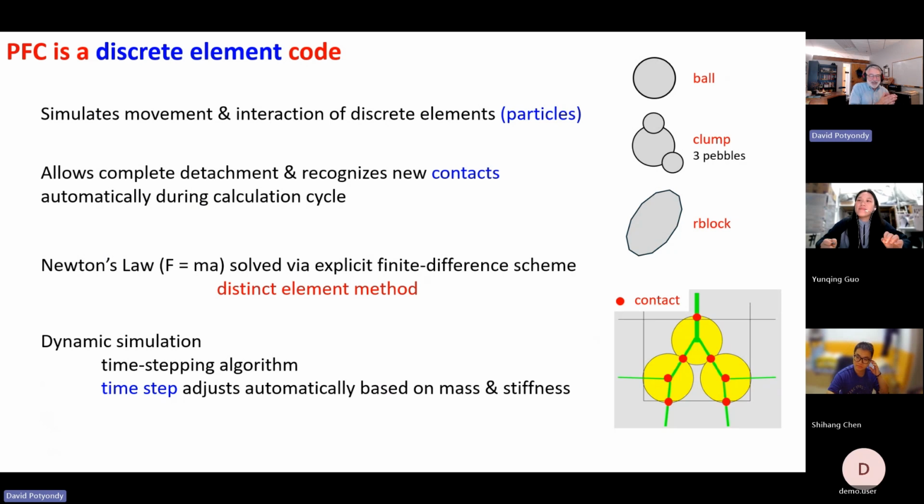Many simulations are static, meaning that you build a structure, you apply a load, and you get the solution for the final deformed shape. But that's not what PFC is doing. It's more powerful. It's a dynamic simulation. So it starts off as, here's the initial system, here's my load, and now we start moving forward in time, and we watch how the simulation progresses, how things interact, right?